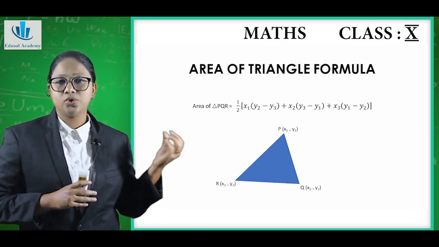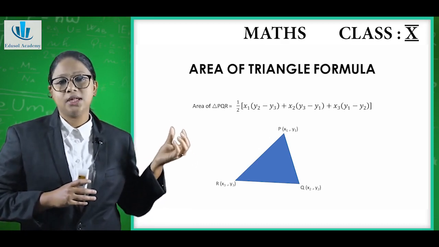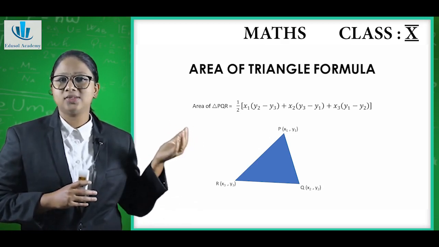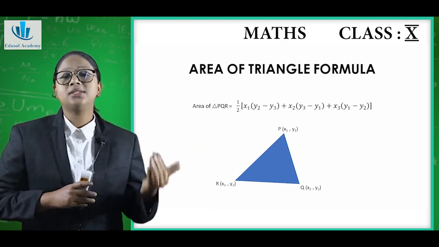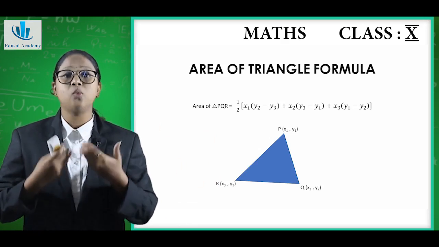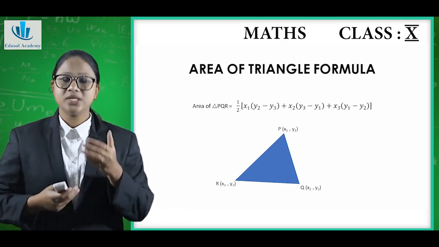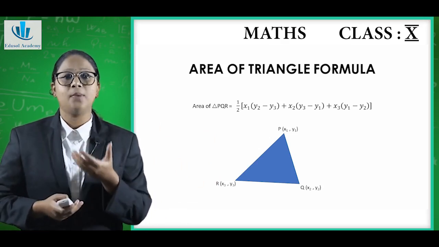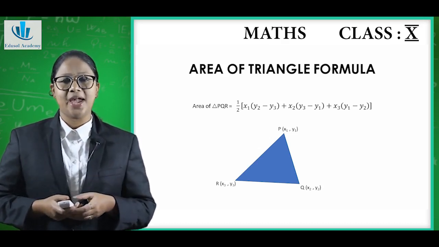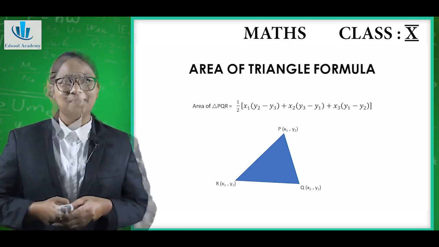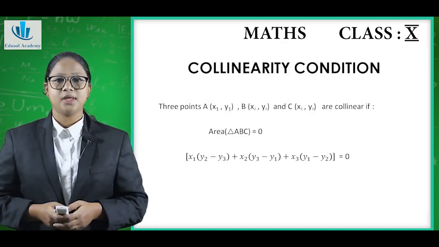First 1, 2, 3 plus x into y minus y, so that will be 2, 3, 1 plus the other one will be 3, 1, 2. I hope you understand what I mean. So this way you can study by heart the formula to find area of a triangle using coordinate geometry.